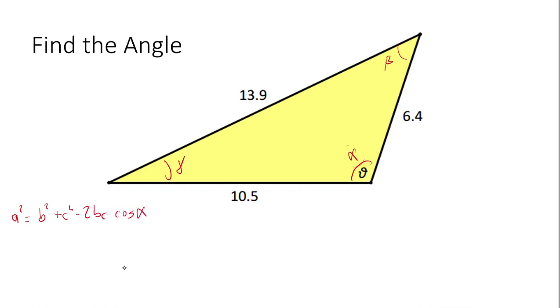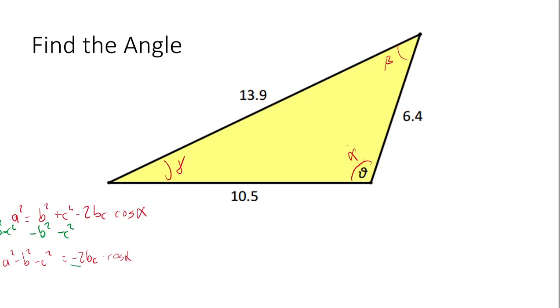We can do that before even plugging anything in. So we're going to subtract b squared and c squared from both sides. Minus b squared minus c squared. Okay, and we're going to end up with a squared minus b squared minus c squared is equal to negative 2bc times the cosine of alpha.